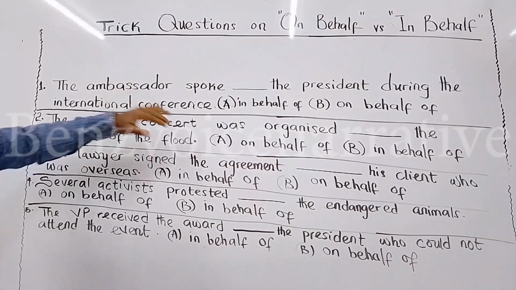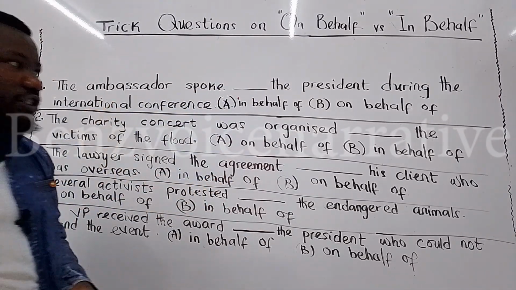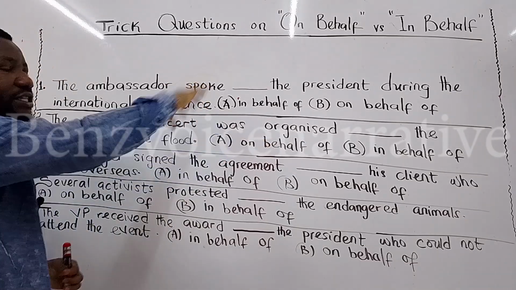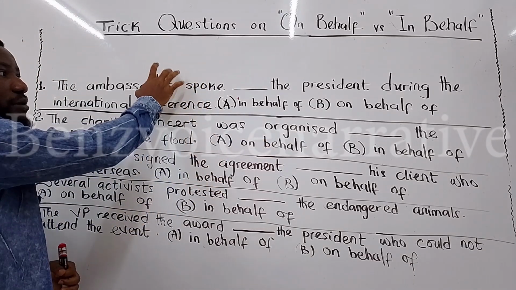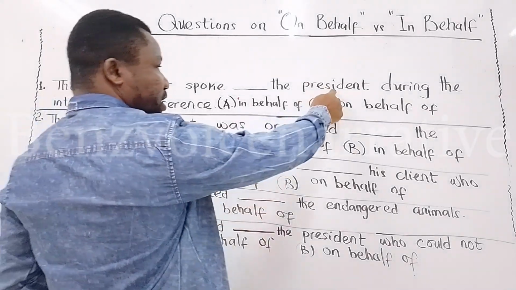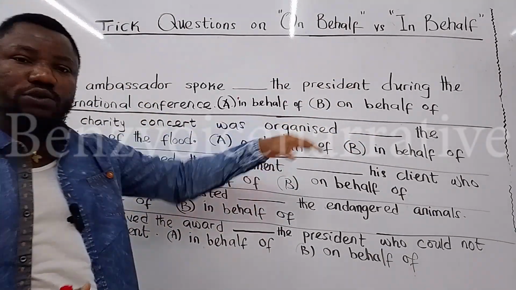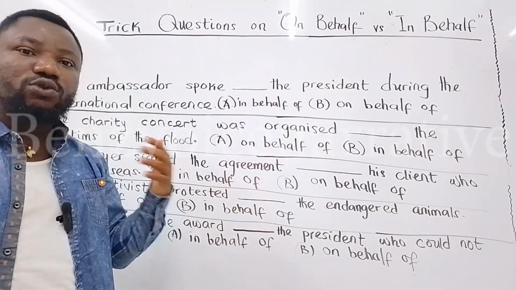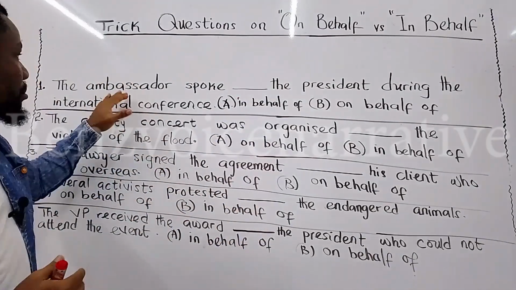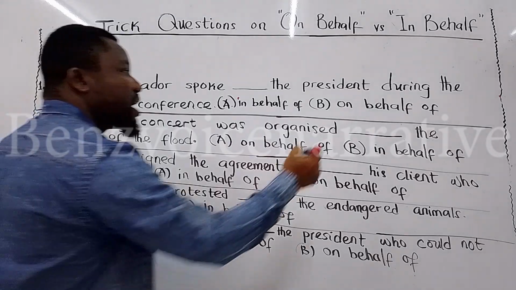So in this case, the ambassador spoke Dutch the president during the international conference. The context here is that of the ambassador speaking on behalf of the president. Perhaps this happened because the president wasn't around, because he had other functions to attend to. So the ambassador had to stand in for the president. And in that case, we have "on behalf of".